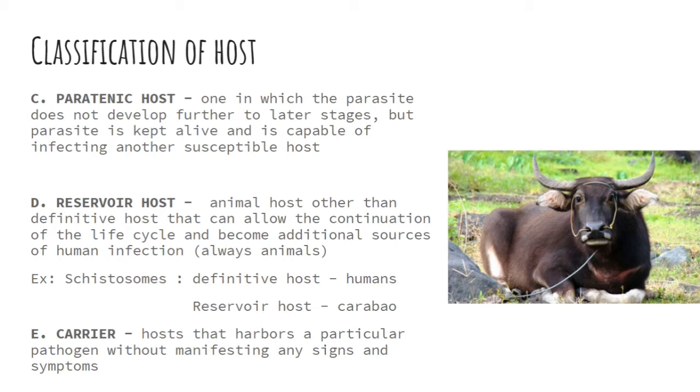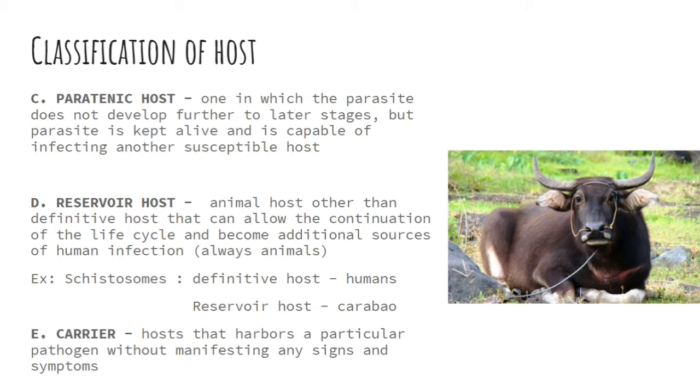We also have class your reservoir host. These are animal hosts other than the definitive host that can allow the continuation of the life cycle and become additional sources of infection, which almost always ang reservoir host natin are animals. Okay, kaya nga siya reservoir, kumbaga parang reserve.